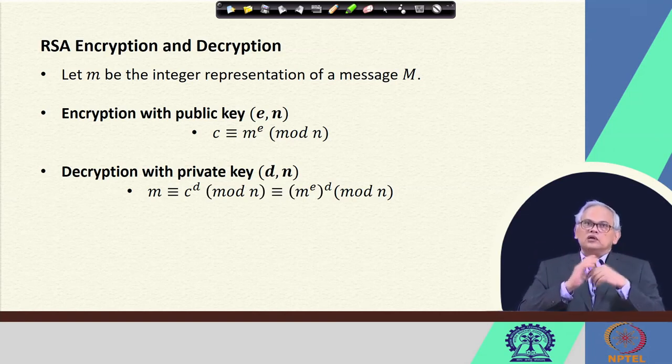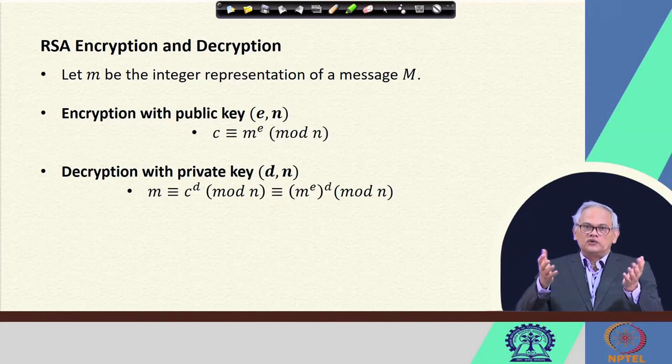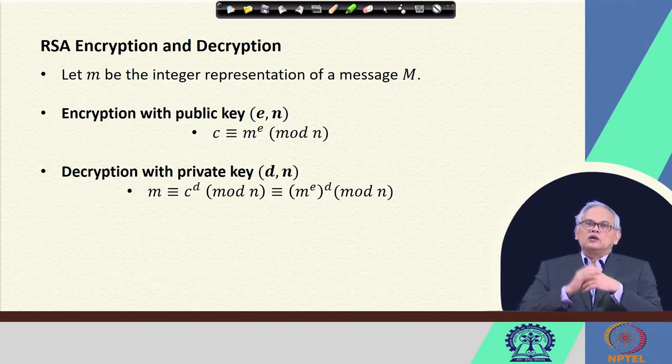So, this E and N combination is the public key of Bob, who is the intended recipient of this message. And now Bob will be using the private key, which is this tuple d comma n, and only Bob is supposed to know this private key, and hence only Bob will be able to decrypt the message.